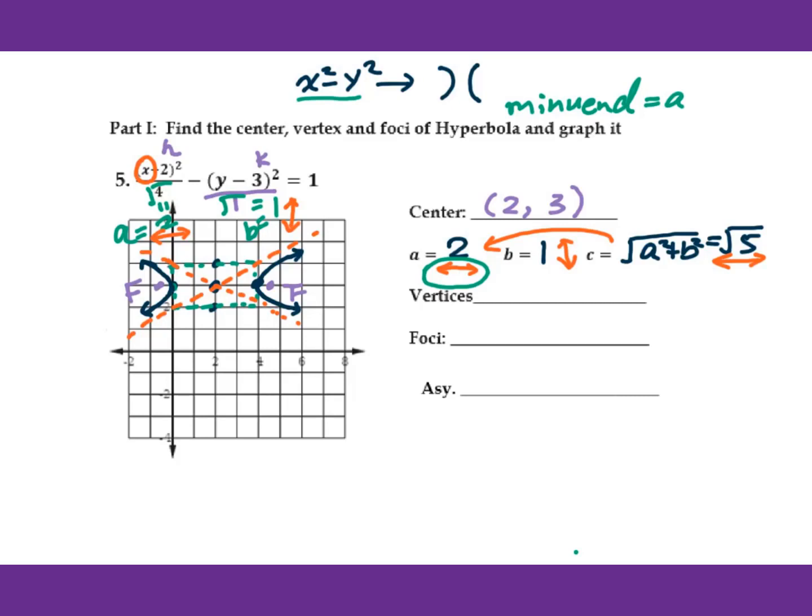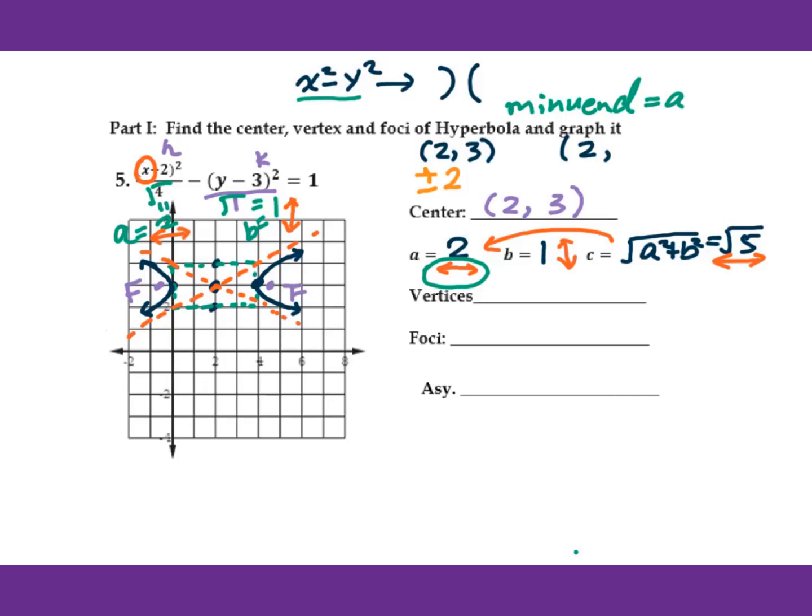Now we work out the vertices. I have 2, 3. Just check A. A is a horizontal arrow, means plus or minus 2 to the x coordinate.